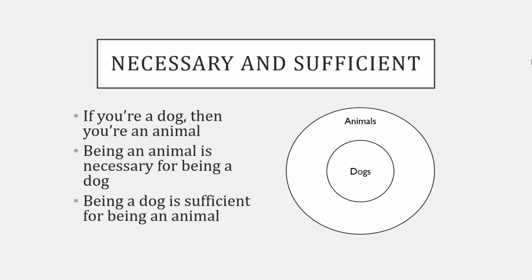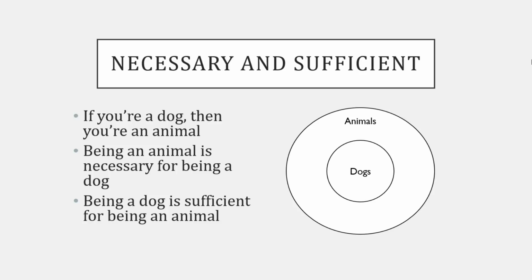Now, if I said something is both necessary and sufficient, what am I saying about those two circles? You're literally saying if and only if. You're saying if P then Q and if Q then P, which means that the set of P is strictly contained within the set of things that are Q, and the set of things that are Q are strictly contained within the set of things that are P. So these circles overlap exactly.